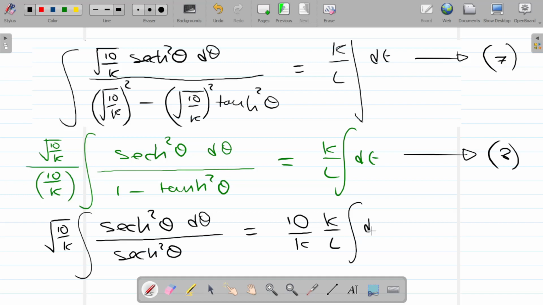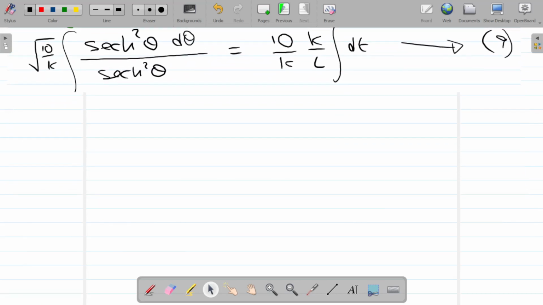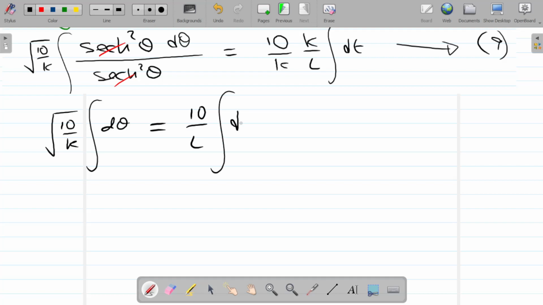Times the integral of dt, and that is equation 9. So we'll just cut and paste that again. So now you can see that the sec squared thetas disappear, leaving a simplified form of root of 10 over k times the integral of d theta equal to 10 over L times the integral of dt.